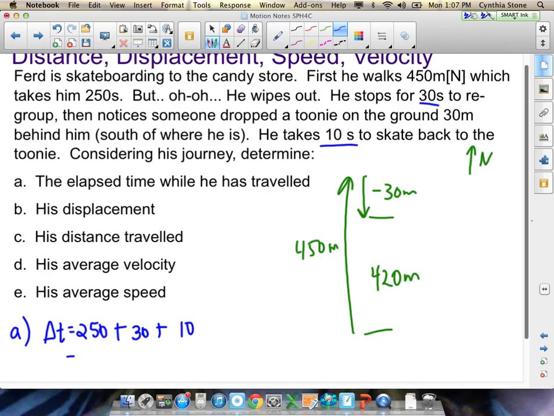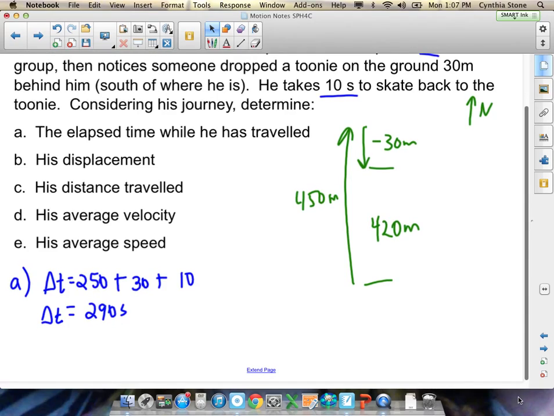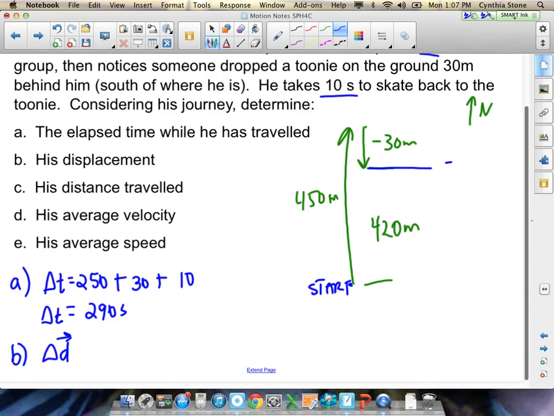You add all that up and you get 290 seconds. Okay? His displacement during that time period is the difference between start and finish positions, right? So he started right here, and he ended right here. So that displacement would be 420 meters north of where he started.